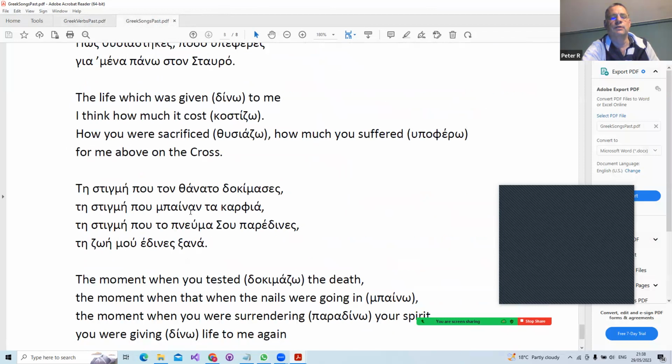Perhaps it got dropped in the music. Something for me to check. But they've got the an, because this is many things. This is the they. So this is the moment that the nails were going in. So the repeated agony, it wasn't just one time the nails went in swiftly. It was a process. And this is what the guy is remembering and thinking about.